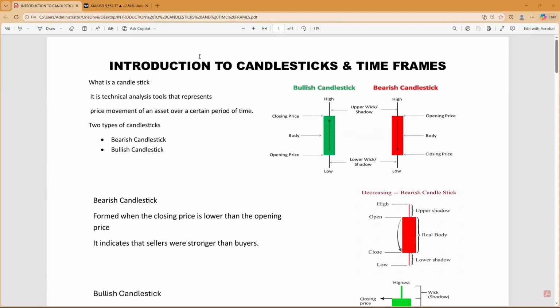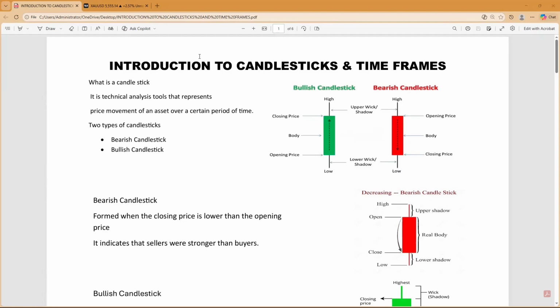If I may ask, what is a candlestick? It is a technical analysis tool that represents the price movement of an asset over a certain period of time. They just show us how price moves and what buyers and sellers are doing in the market.